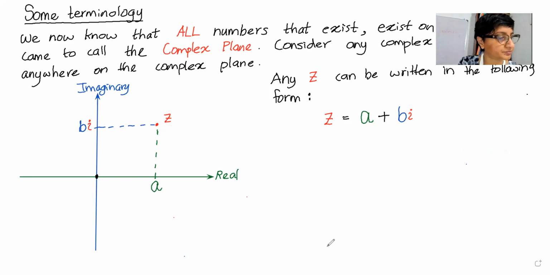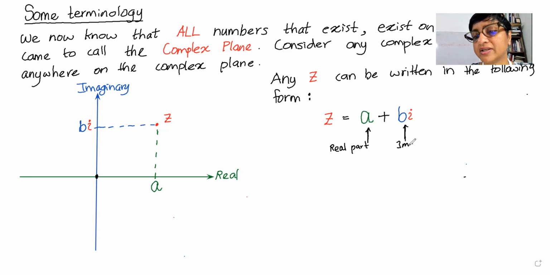Right, so I will label this here itself, but I'm going to give you in point form this terminology. In this where you have written this, I will just point to this A and B, and I will write this A is called real part, it's the real part of the complex number, and this is the imaginary part.